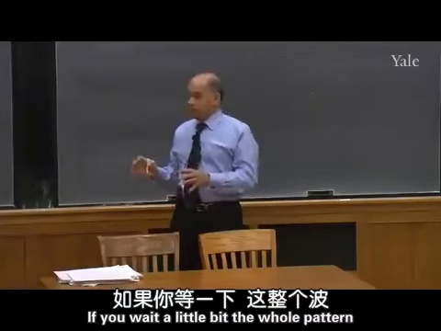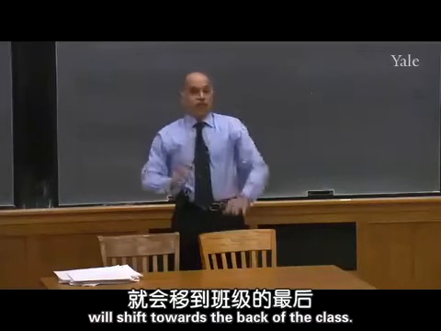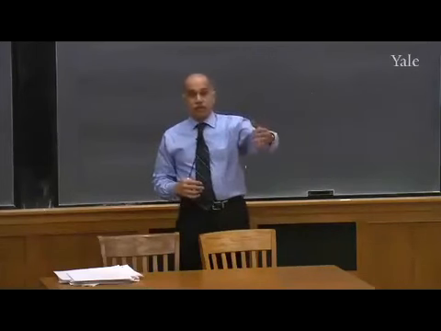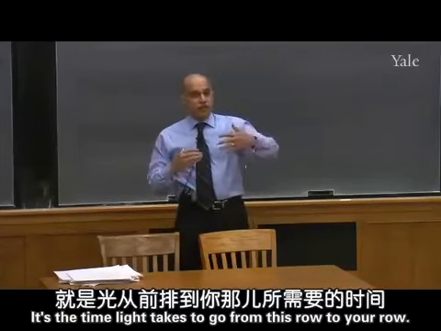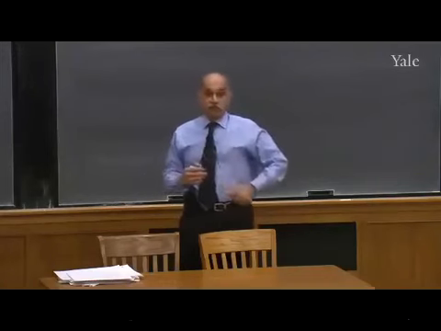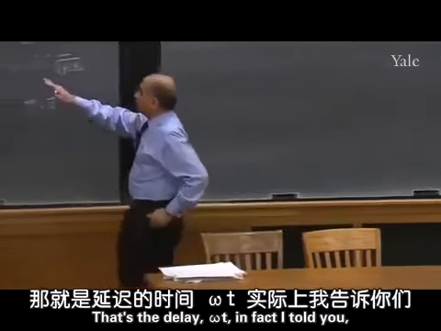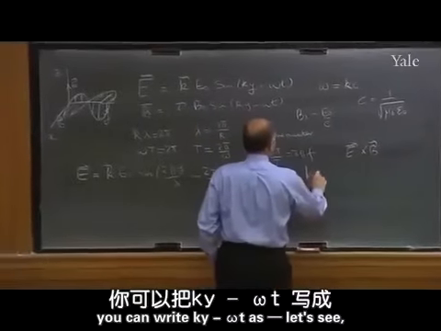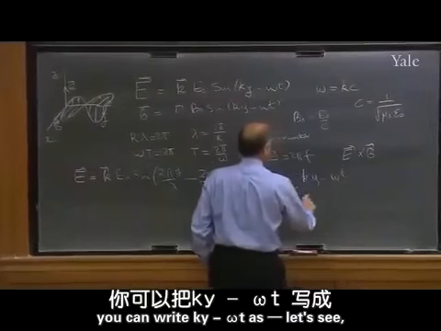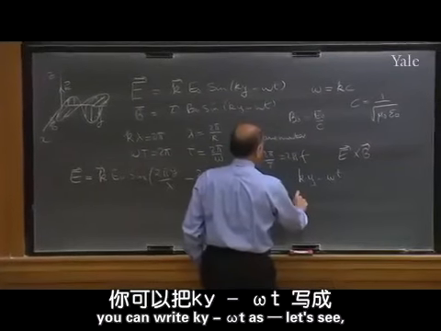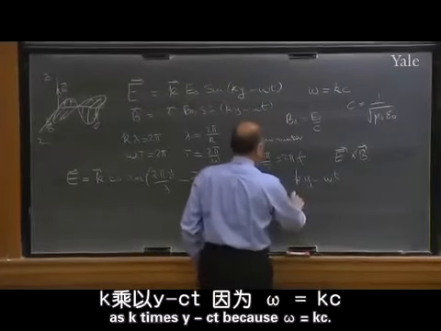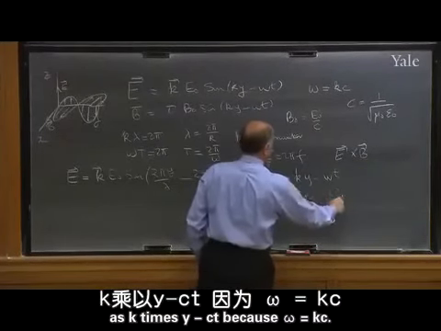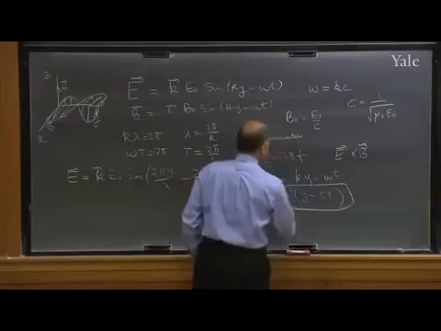If you wait a little bit, the whole pattern will shift towards the back of the class. So what these guys saw now, you will see a little later. How much later? It's the time light takes to go from this row to your row. That's the delay, omega t. In fact, I told you, you can write k y minus omega t as k times y minus ct, because omega equals kc.